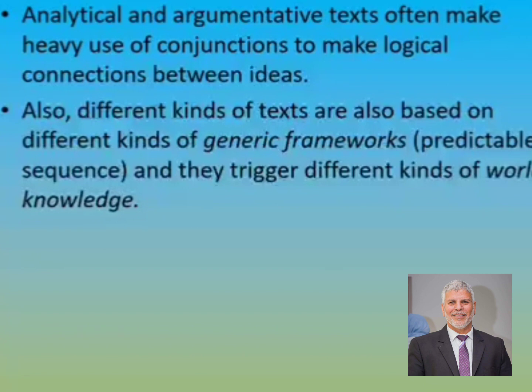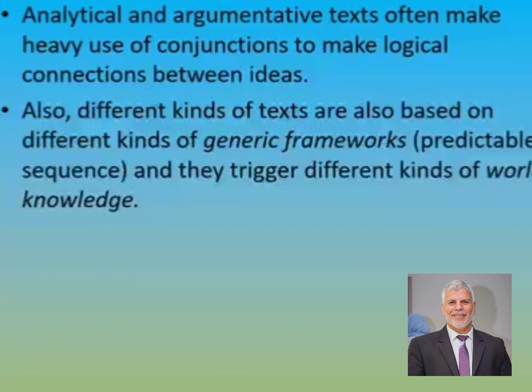So this generic framework will help you identify the kind of text. So whenever you see a text, you will recognize from the beginning that this is a certain kind of text. But why? Because of the generic framework it has.